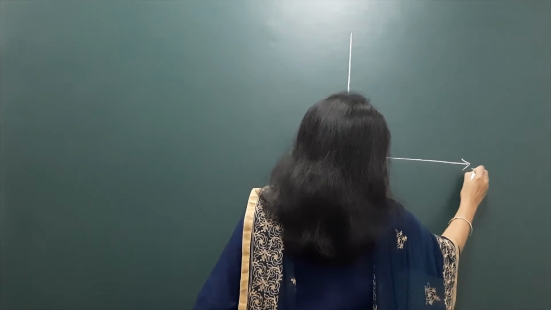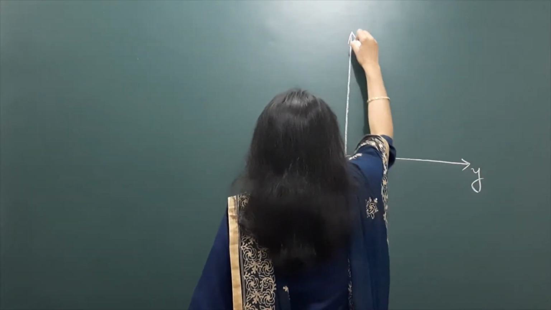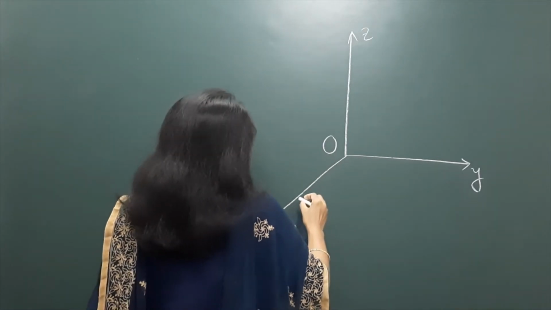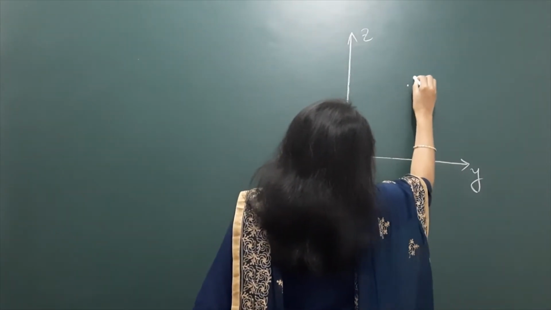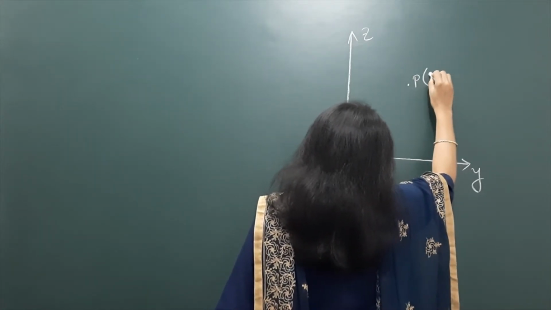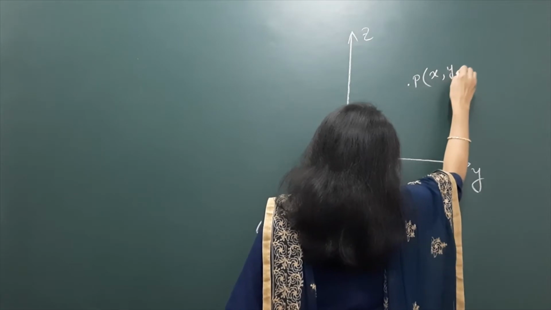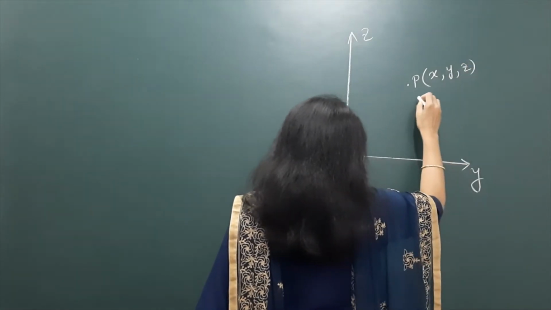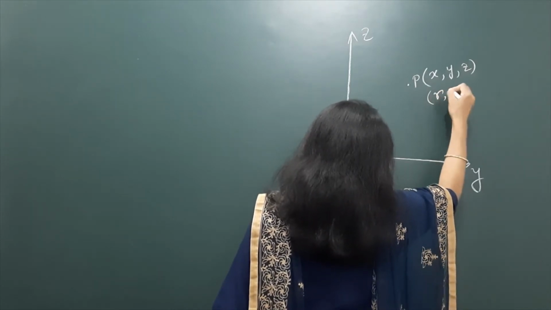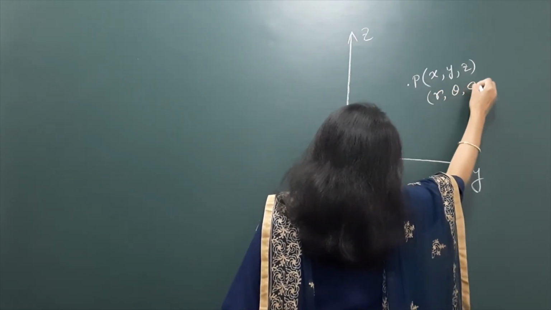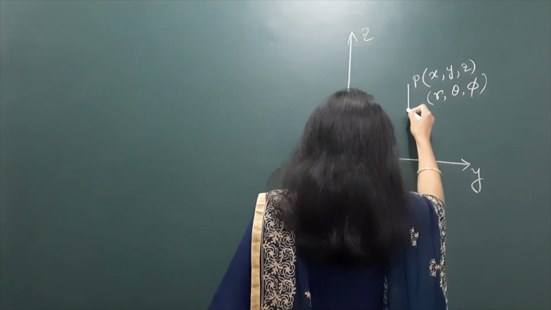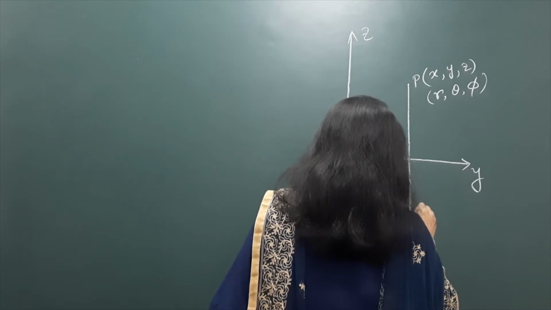X, Y, Z, origin O. Let us take a point P whose Cartesian coordinates are x, y, z, and spherical polar coordinates are R, theta, phi.